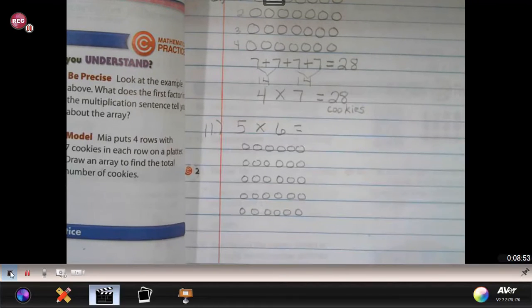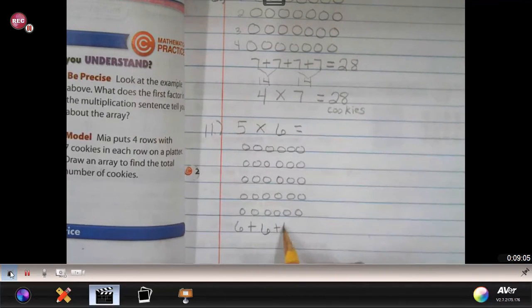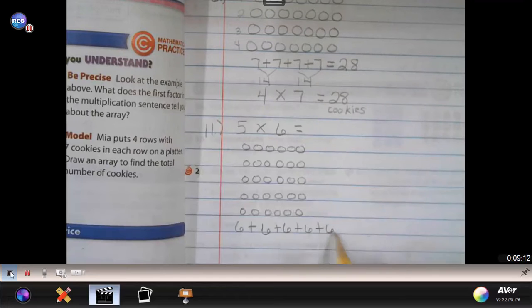Now remember, you're also writing an addition sentence for this. So I could add 6 once, 6 twice. I have 6 objects in that row, I have 6 objects in that row, and I have 6 objects in that row.